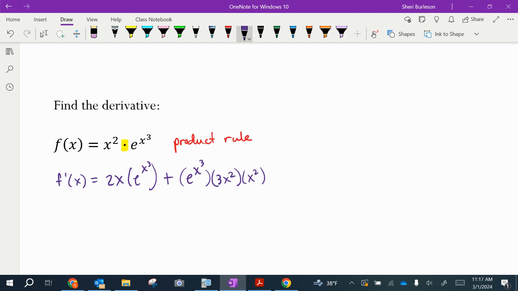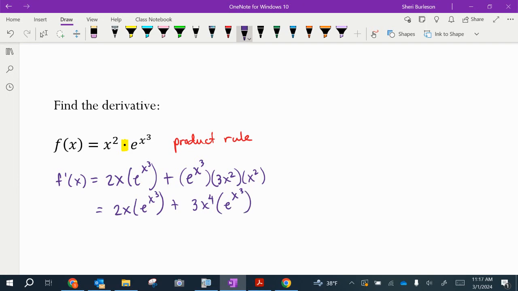So I should be able to simplify this a little. This gives me 2x times e to the x cubed, and this gives me 3x to the fourth times e to the x cubed.